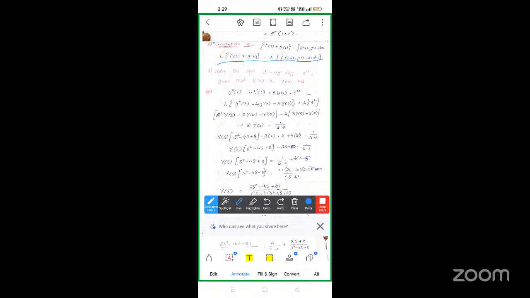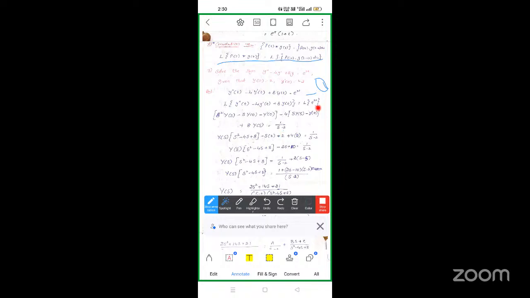So this is equation 1. Taking the Laplace transform on both sides: L of y double dash of t minus 4 into y dash plus 8 into y is equal to L of e power 2t. L of e power 2t is nothing but 1 by s minus 2.